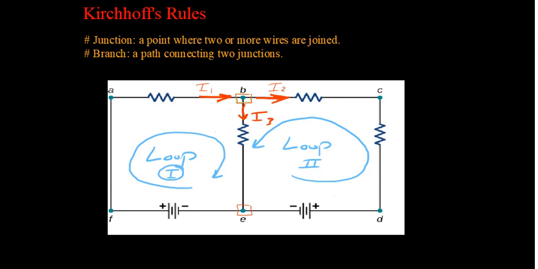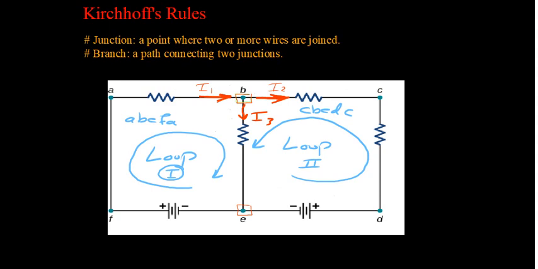So my loop 1 will be A, B, E, F, A. For loop 2, it is C, B, E, D, and back to C again. Make sure when you decide your loops, you need to have all the loops you chose crossing or covering all the branches in your circuit.